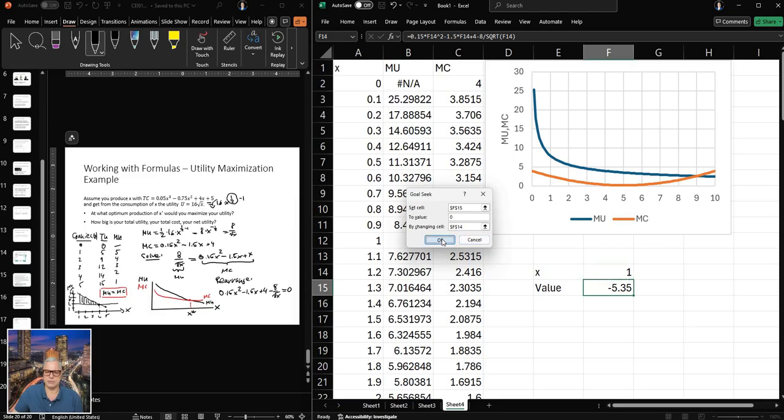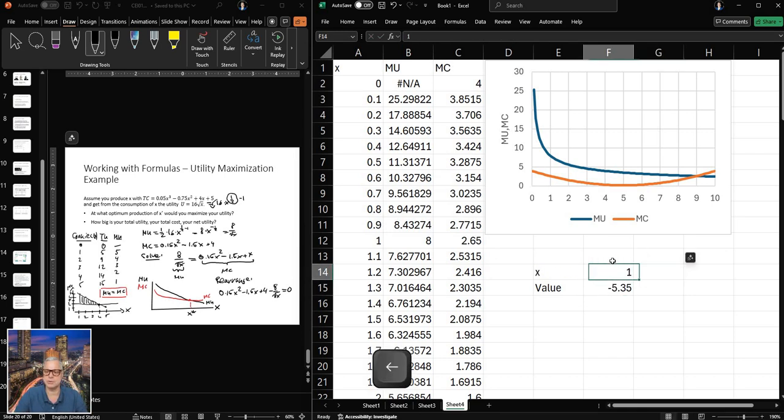Okay, so let's see what we get. So now the optimum solution is actually 9.01. And what Excel did is it just used its computational power to play around with different values like 1, 2, 3, 4, but also 4.1, 4.01, and all those values until it finds the optimum solution. So this is a pretty powerful tool.